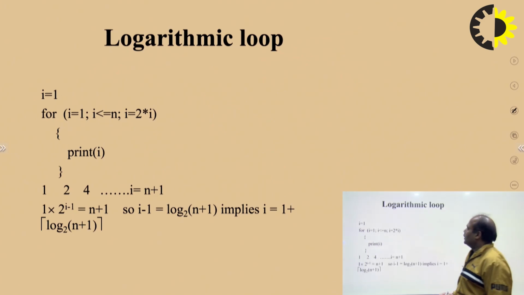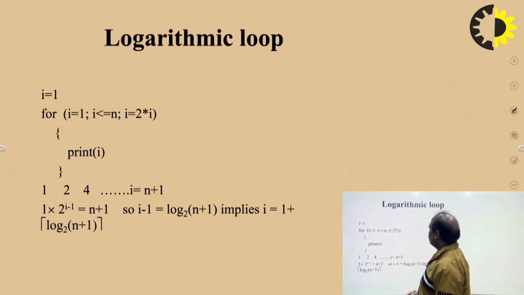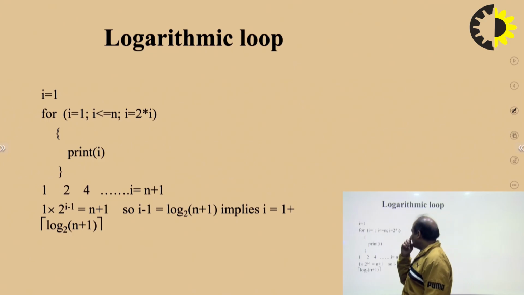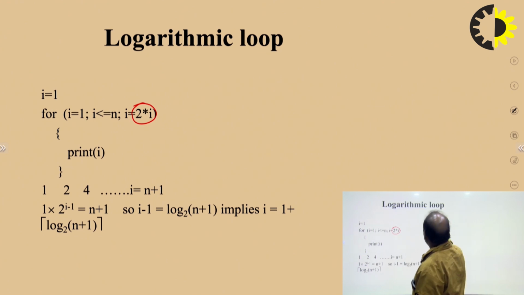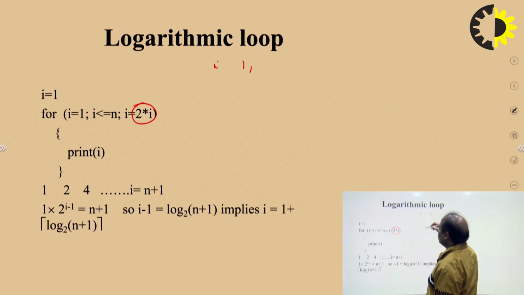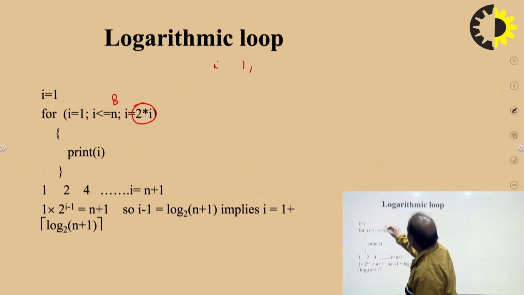So the next category of loop is the logarithmic loop. This is something very interesting, that the running time of this type of loop will be given in terms of logarithm. So how to compute it, like here, i is 1, i less than or equal to n. Now we are multiplying it, i is 2 times i. If you start a progression on i, so i will be 1, then let's say n is going to be 8.